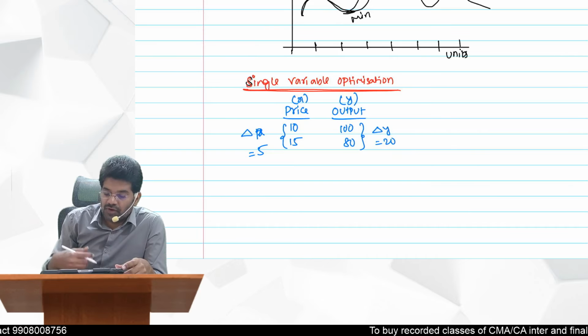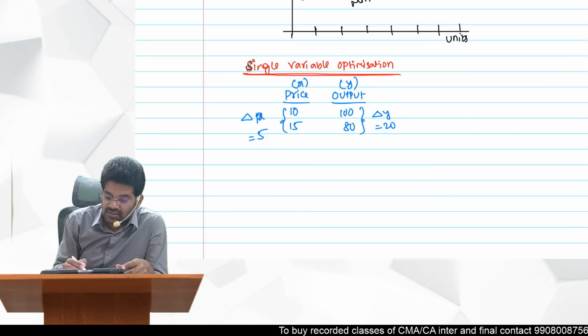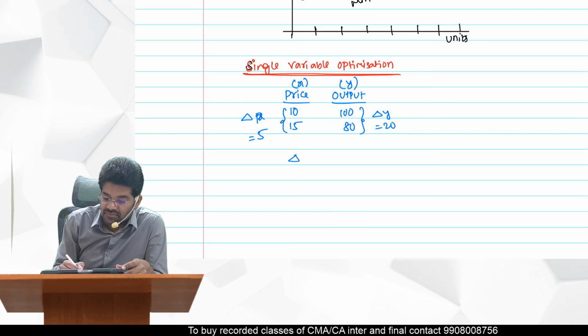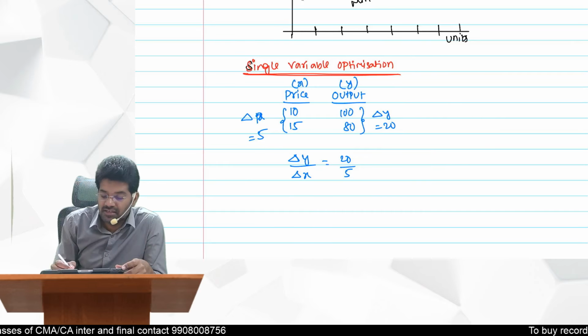So if I have to find out the change in output with respect to change in price, this is what I want: 20 is the change in output with respect to an increase in price by 5. So this is 4.